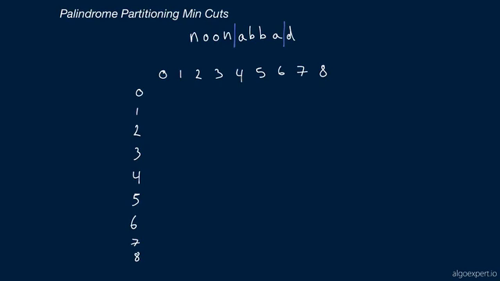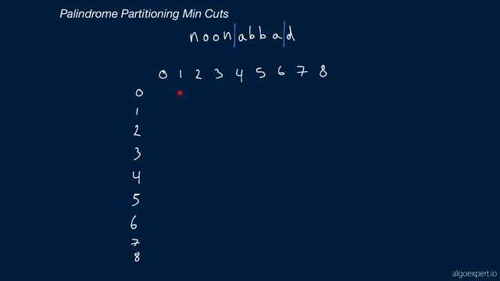So at this very first point in the array, 0, 0, we're going to get the substring that starts at index 0, so starts at N, and ends at index 0, ends at N. Okay? And so we're going to store the palindromicity of N at this point.